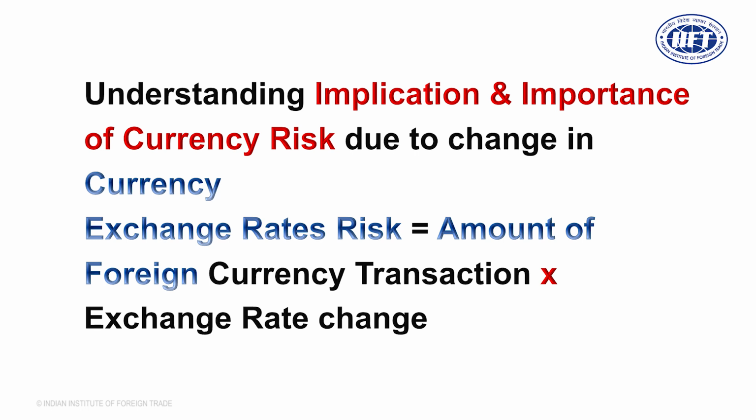But the second situation is, during this period, the dollar appreciates to 74 rupees. In this case, you are getting extra cash profit. Why? The exchange rate has moved in your favor, and it depends upon the amount of transaction. If the amount of transaction is higher, you get more money.